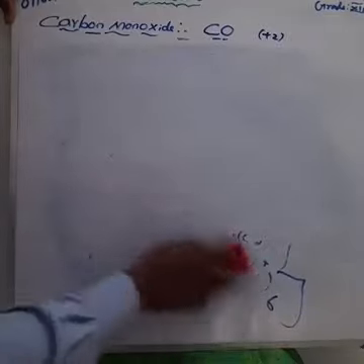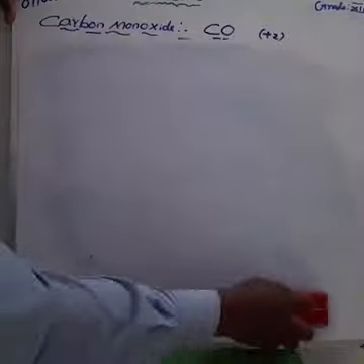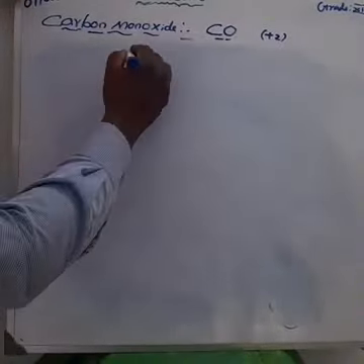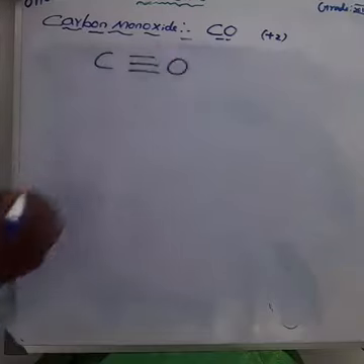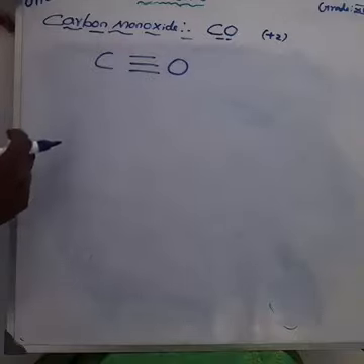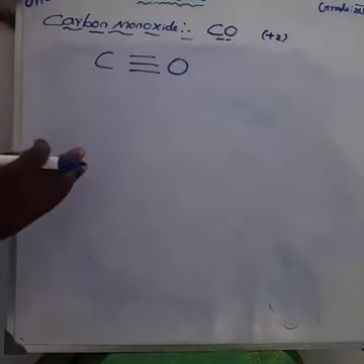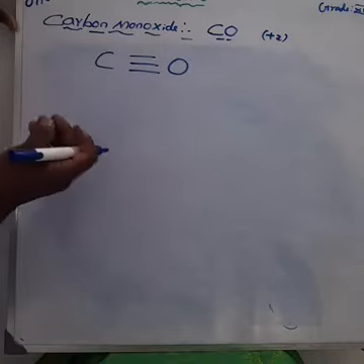Three electron pairs are shared between carbon and oxygen. This was explained in 11th grade, in the molecular orbital theory.